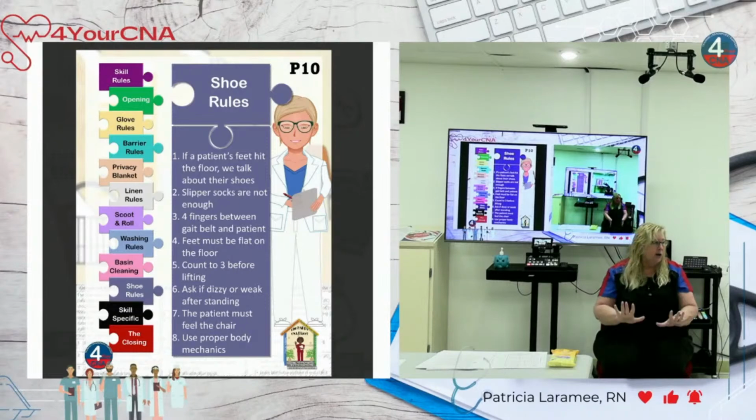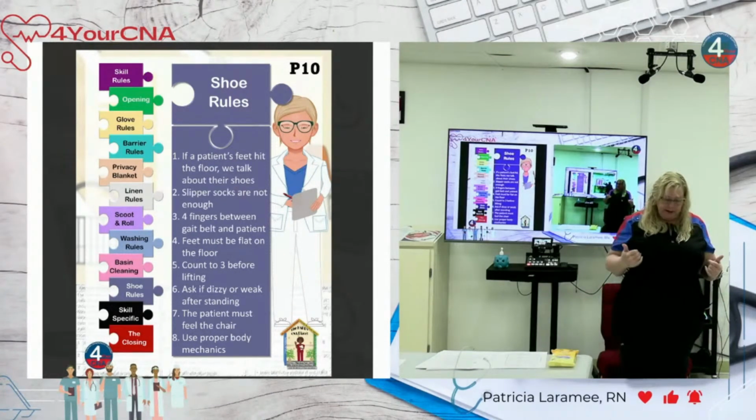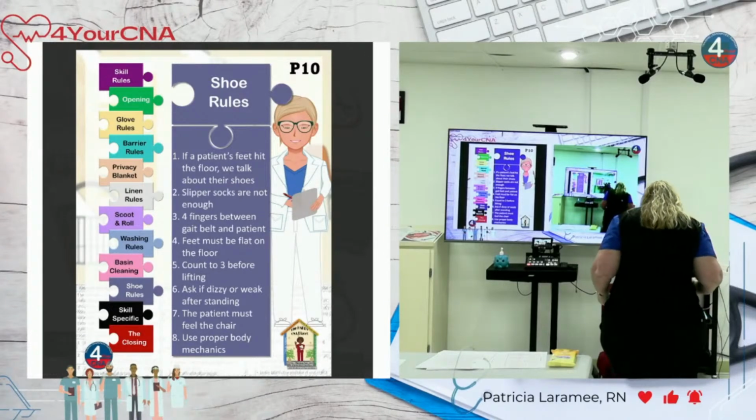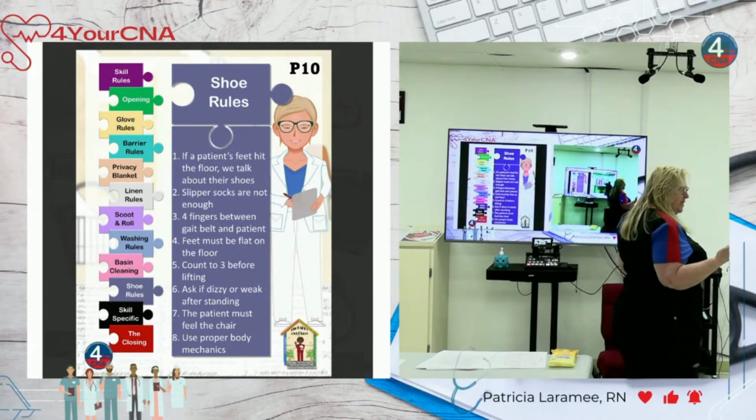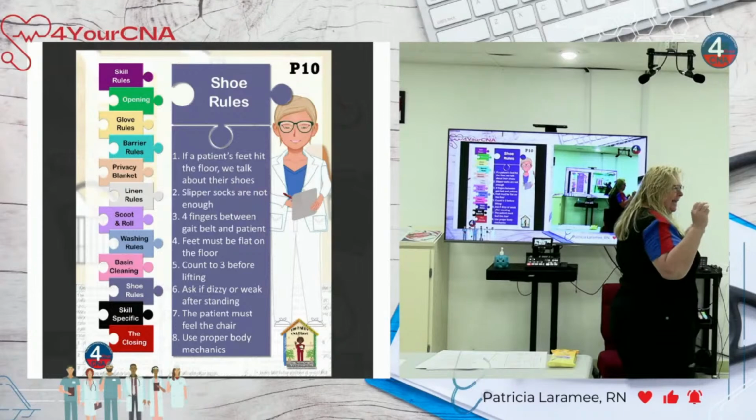So I want you to imagine me sitting in this chair. I'm going to switch places, but you've got a visual of me sitting in this chair. If I'm the caregiver and I'm standing toe to toe and knee to knee, there's a physics principle here. Every action has an equal and opposite reaction.